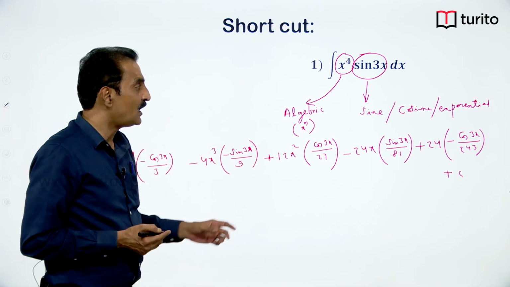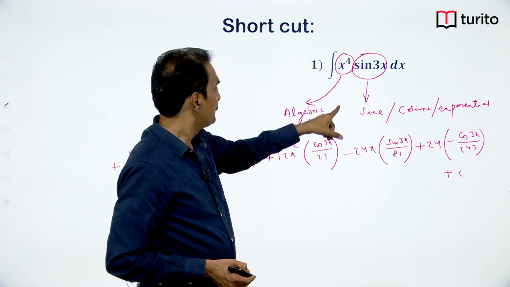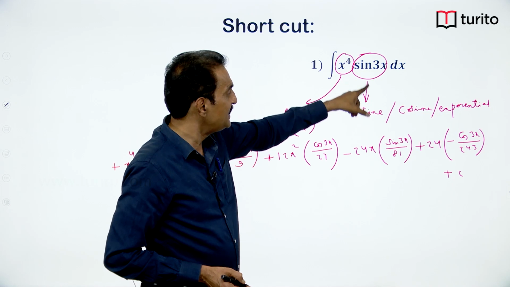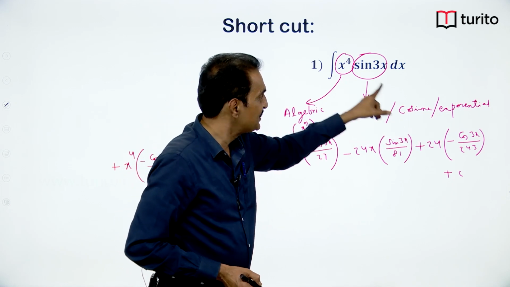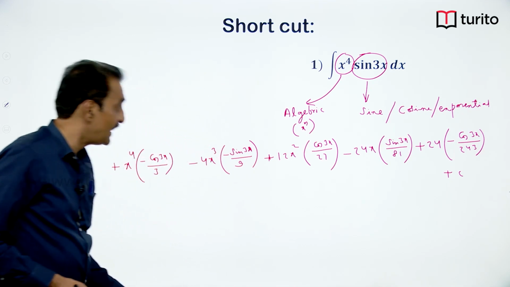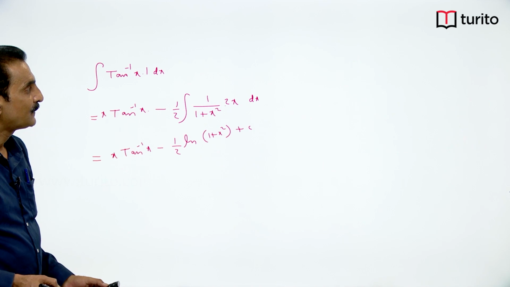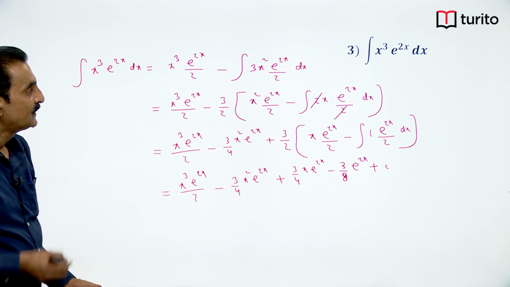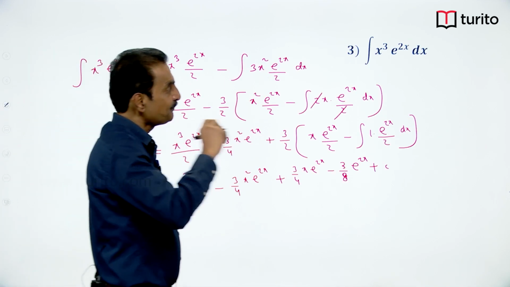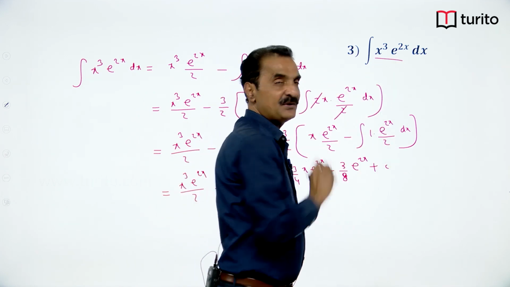We have already solved one or two questions in finding the integral of algebraic and exponential, algebraic and sine function and cosine function. Let us go back and verify. See here, algebraic and exponential, we can use the shortcut.